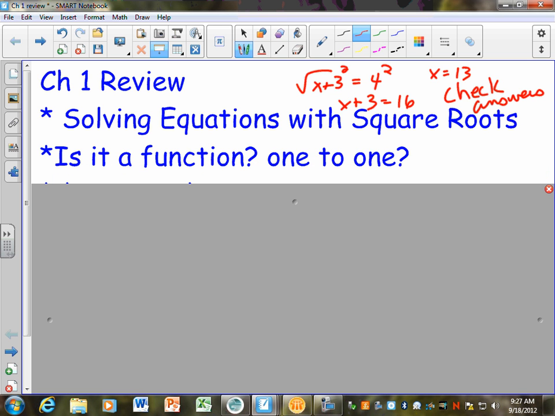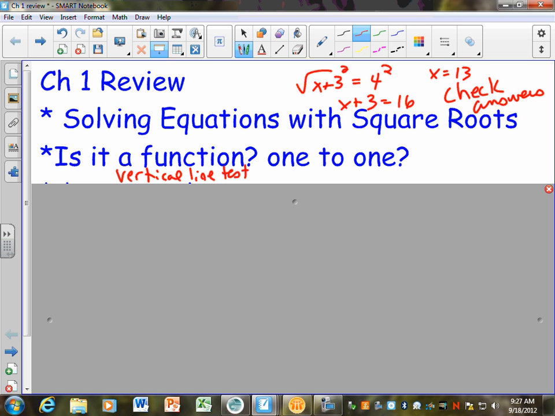We also talked about what is a function, determining if it's one-to-one. We just did that not that long ago. Is it a function? Remember we have the vertical line test, because what the vertical line test is testing is that all those x values don't repeat themselves.